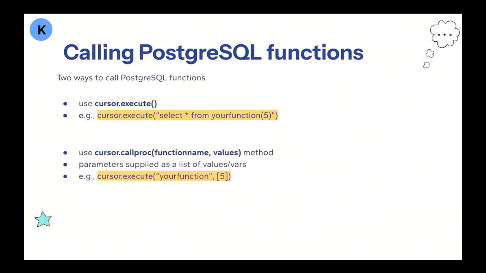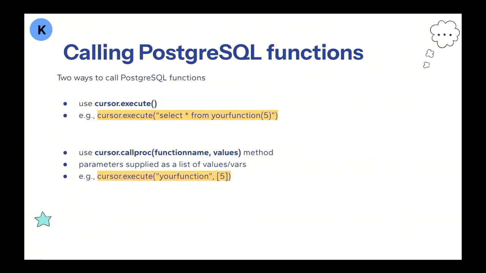And the second approach is specific to this library. It is called callproc. So we can use the callproc function to invoke Postgres functions. So this function accepts two parameters.